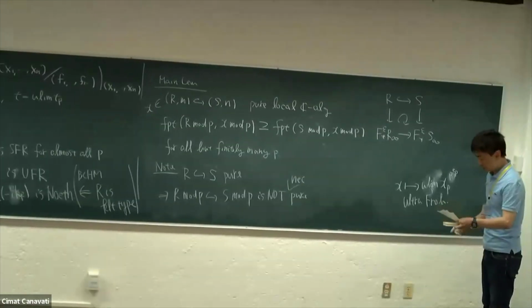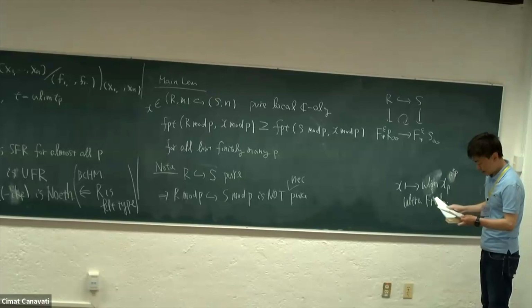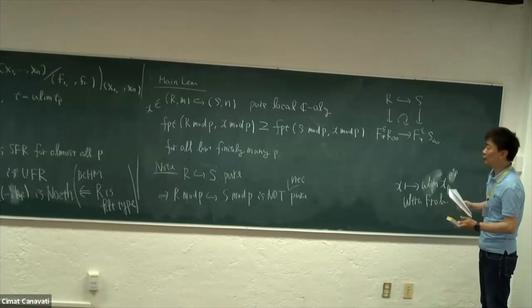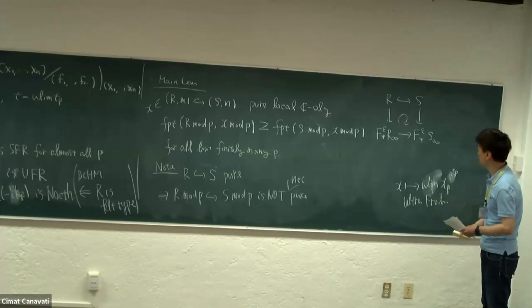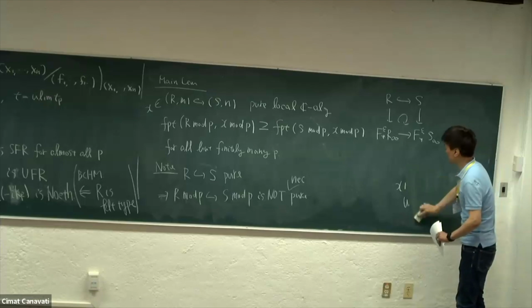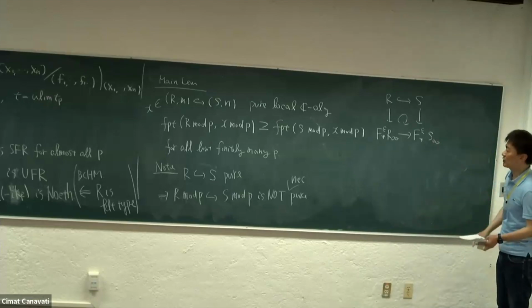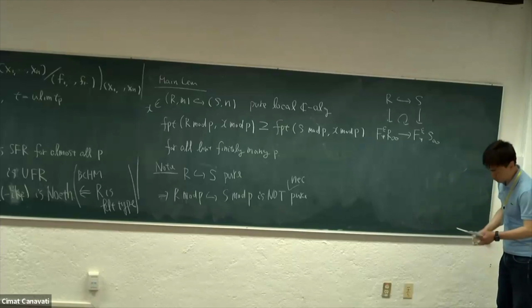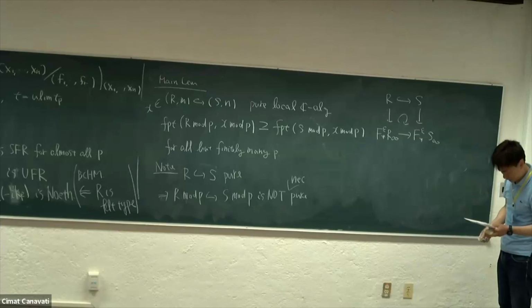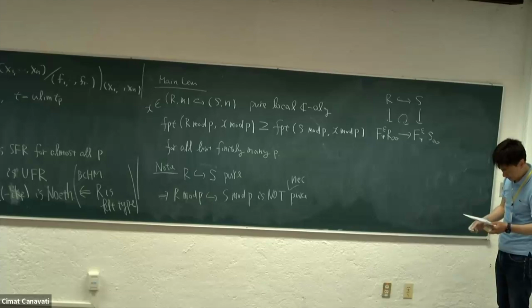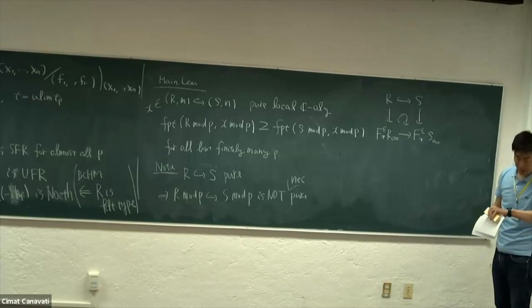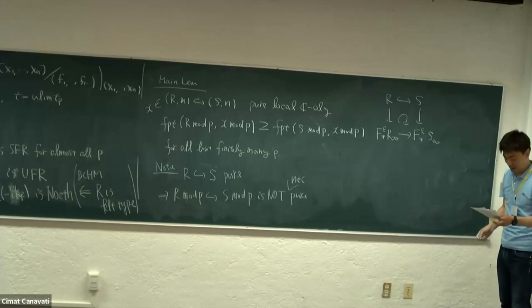Okay, finally, I wanted to say something about Corollary 3. Corollary 3 says the conjecture can be reduced to the graded case. I have only one minute, maybe.